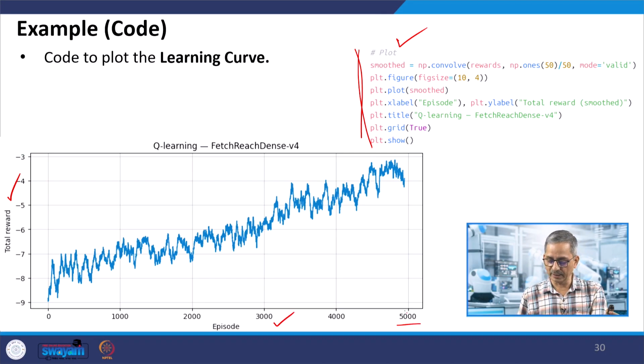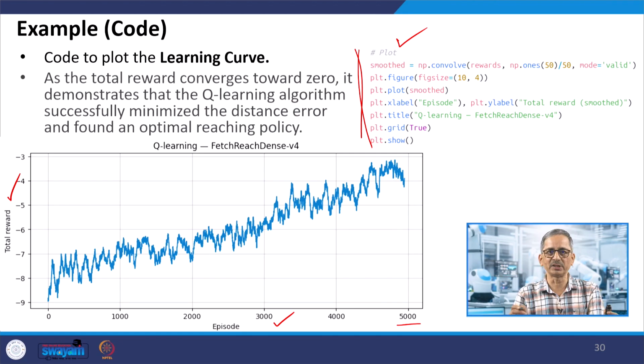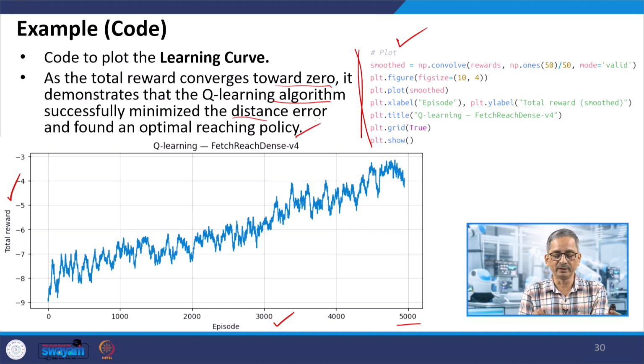We go up to 5000 episodes, and you see that these rewards move closer to 0, which essentially means that the robot end effector is reaching the desired dot point I have been talking about earlier. As the total reward converges towards 0, it demonstrates that the Q learning algorithm successfully minimized the distance error and found an optimal reaching policy.